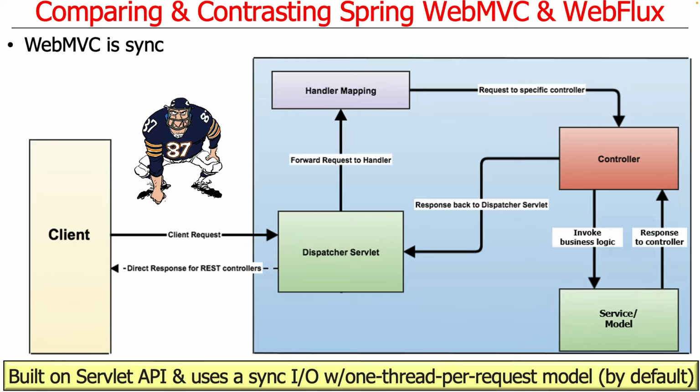So Spring WebMVC is synchronous, built on the servlet API with synchronous I/O. And by default, unless you are clever and integrate in the very modern Java virtual threads, you have a thread pool model where there's one thread per request, but it comes out of a pool. If you use very modern Java and virtual threads, there still is one thread per request that just isn't part of a pool anymore. So that's basically the way things work. We've talked about this diagram before.